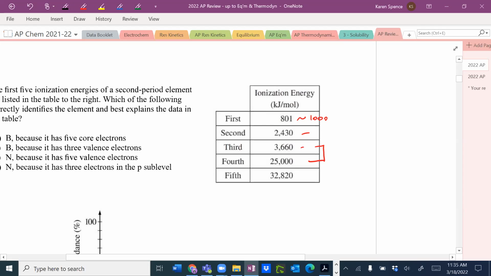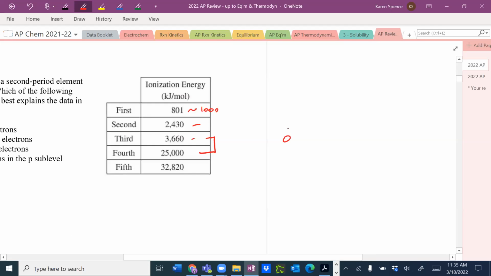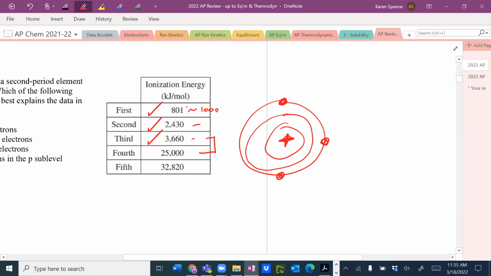So what that means is that our atom in its outer shell has 1, 2, 3 electrons that can be removed relatively easily with less energy. The moment those 3 are gone, the next electron we have to remove will be in the next inner shell, which is why it takes so much more energy to remove it, because it is much closer to the nucleus.